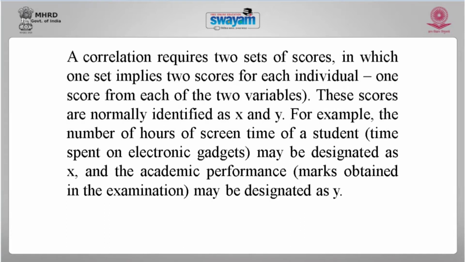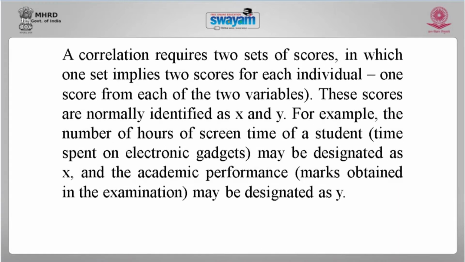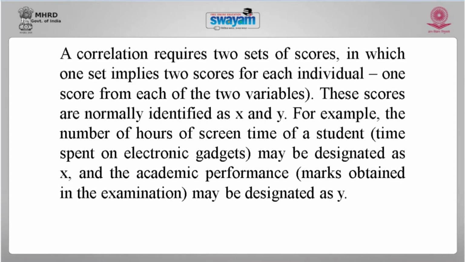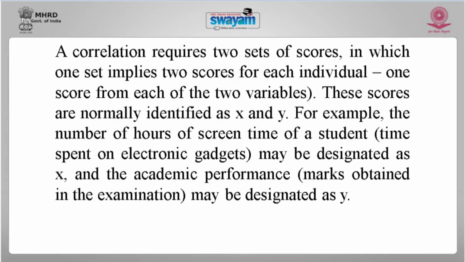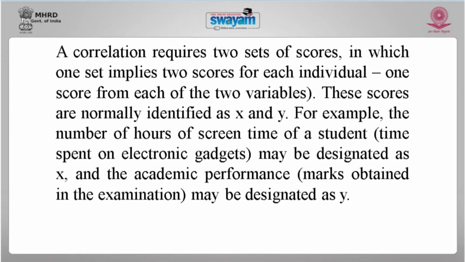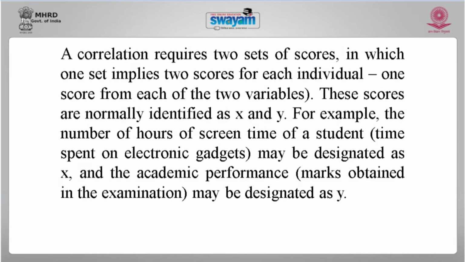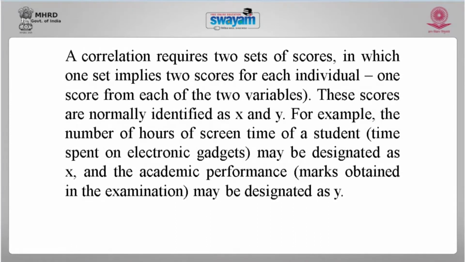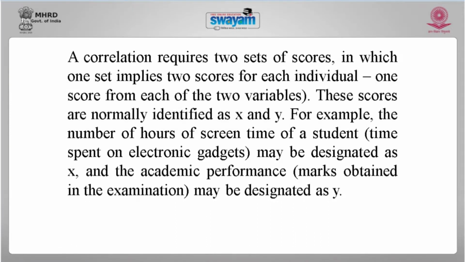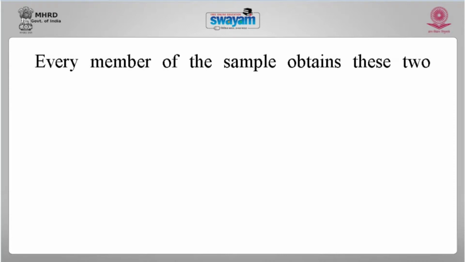These scores are normally identified as X and Y. For example, the number of hours of screen time of a student, that is, time spent on electronic gadgets, may be designated as X, and the academic performance, that is, marks obtained in the examination, may be designated as Y. Every member of the sample obtains these two scores.